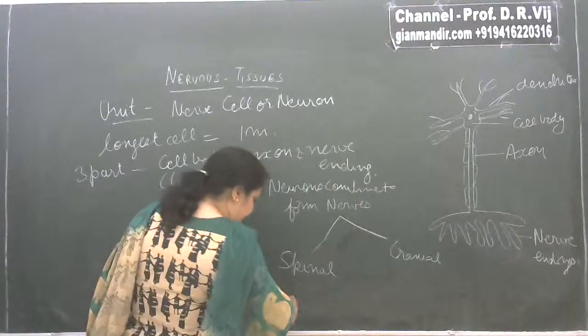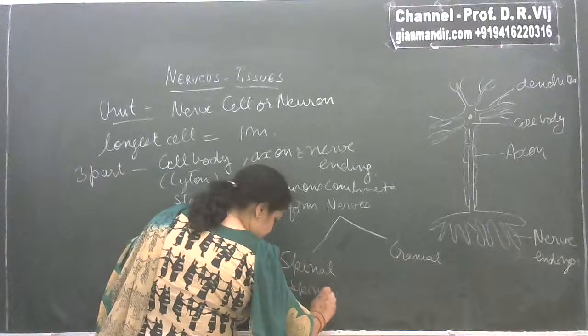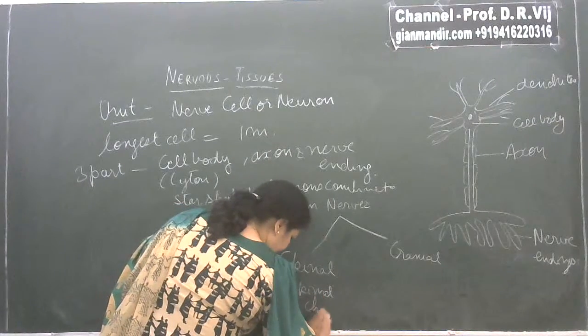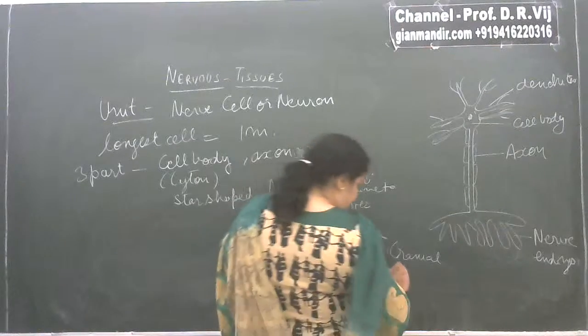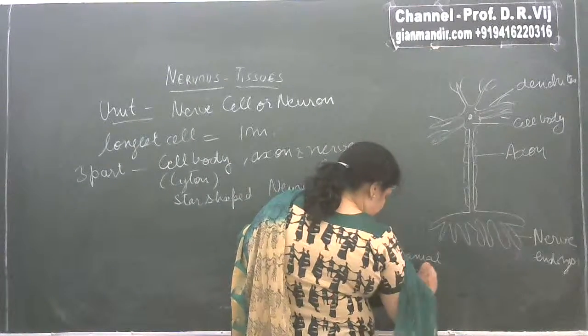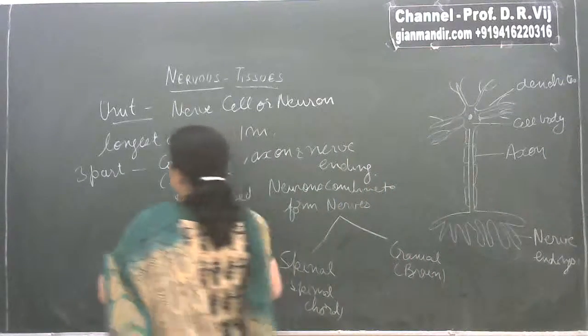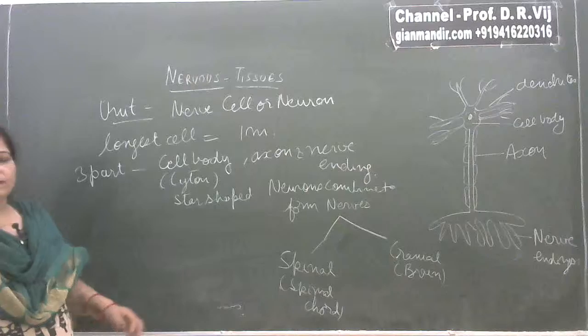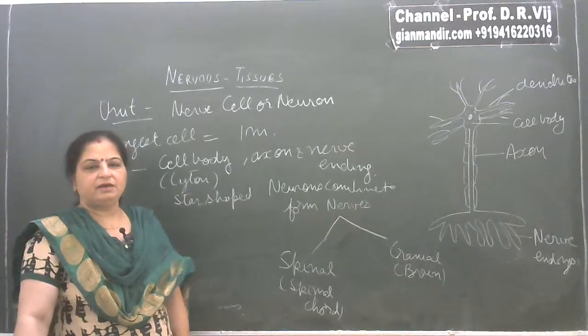The nerves which are attached to the spinal cord are known as spinal nerves, and those which are connected to the brain are known as cranial nerves. So in our body we have two types of nerves, spinal nerves and cranial nerves.